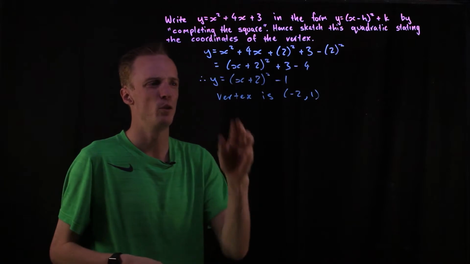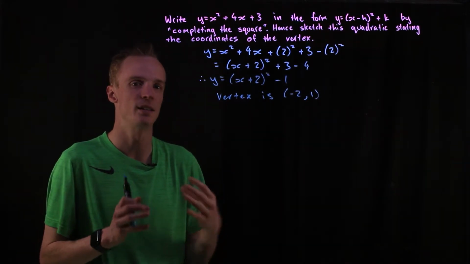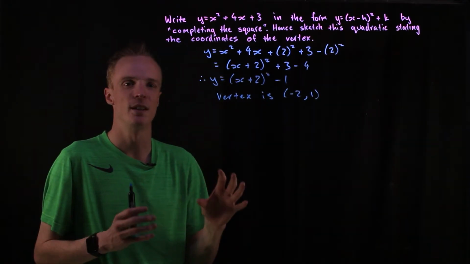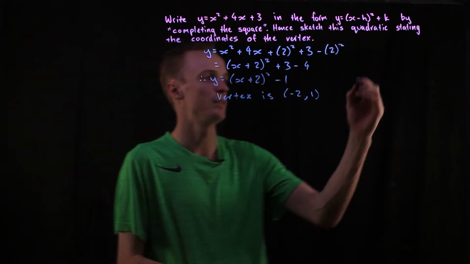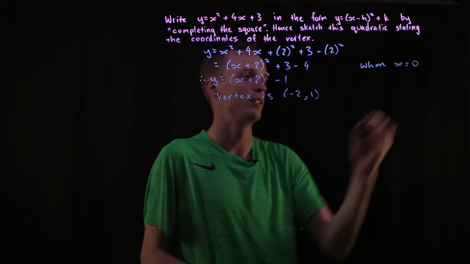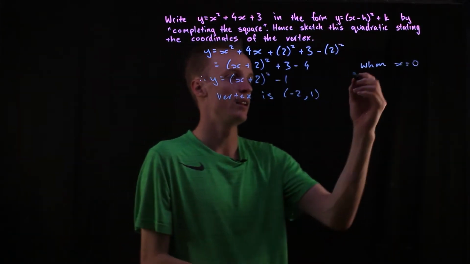Now, even though all it requires is the vertex, there is one more piece of information I really need to be able to sketch this graph. And that's the y-intercept. The y-intercept allows me to fix that graph in place. So the y-intercept occurs when our x value is equal to 0. So we now substitute 0 into this quadratic just here.